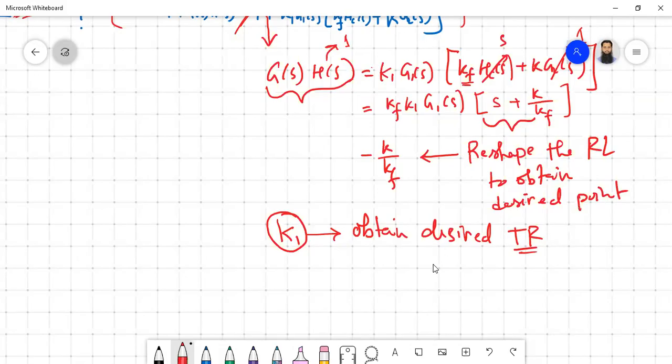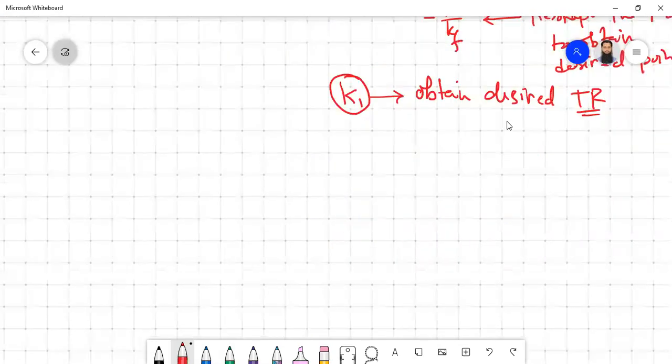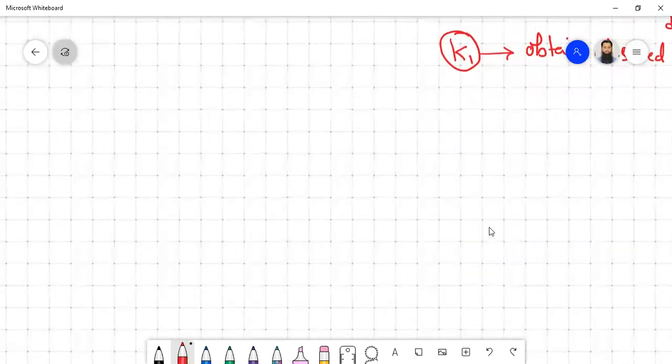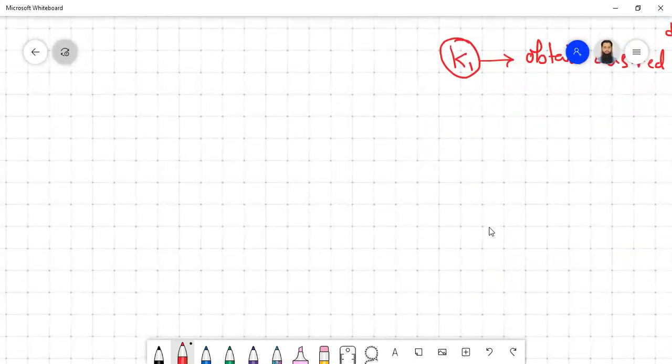So this is the simple idea of doing the thing. Now let us solve one problem, then step by step the thing will be clear to you, even though it is slightly more complicated than the cascade compensation.